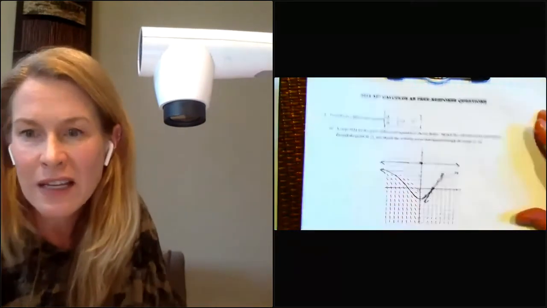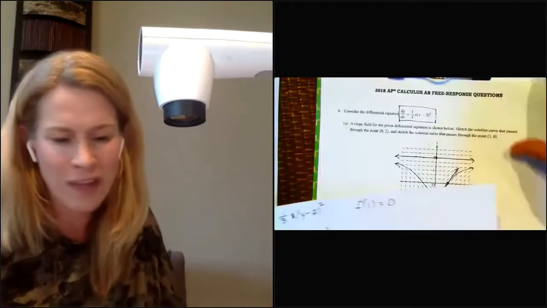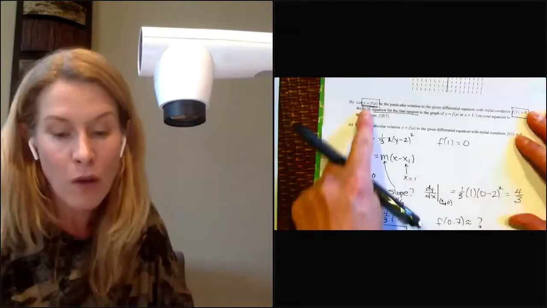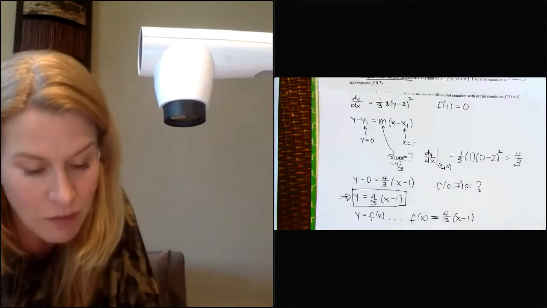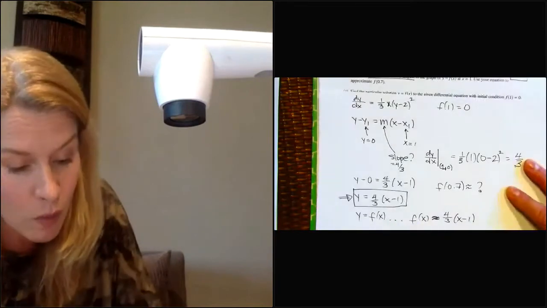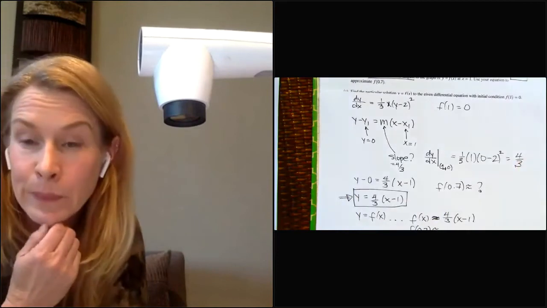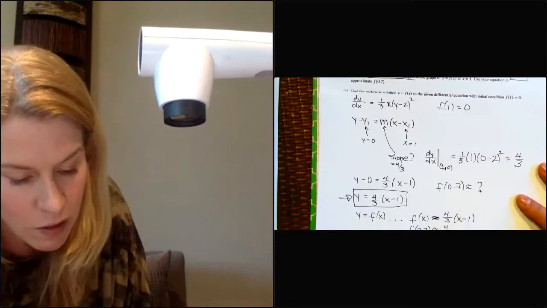Do we have to say explicitly that f of x equals the equation? I don't think you actually do, because that was already defined for you in the problem. What you do want to do, though, is say that you are approximating, and that's why we use the wavy equal sign. So we want to say f of 0.7 is approximately 4/3.